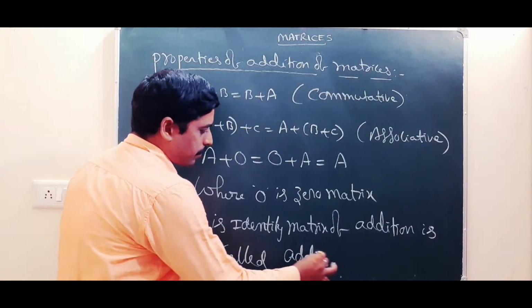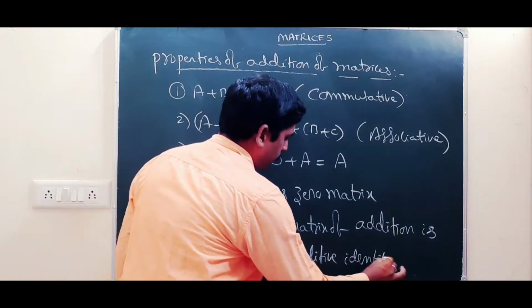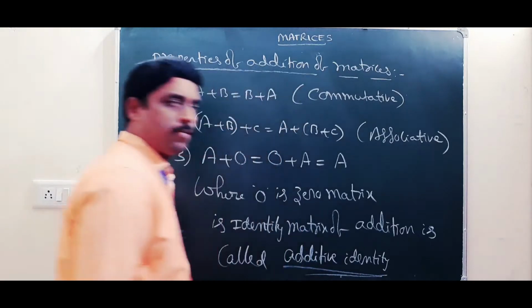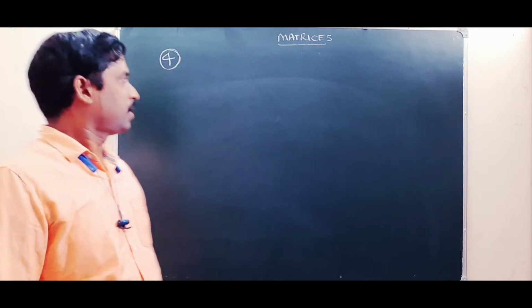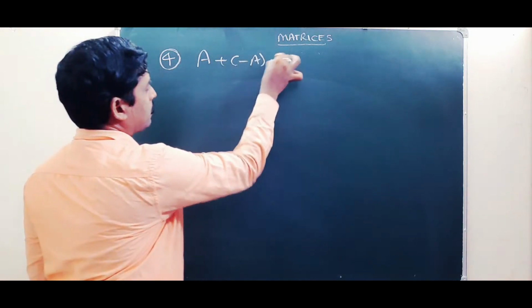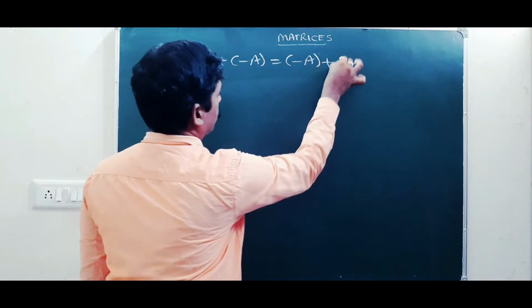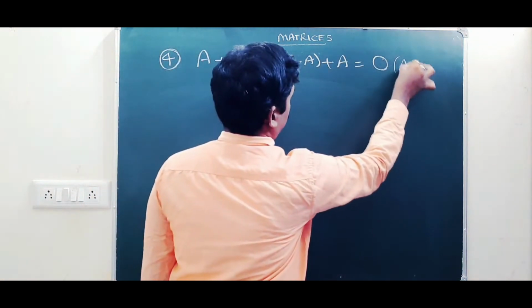So the zero matrix is called the additive identity. Now the fourth property: A plus minus A equals minus A plus A equals O, where O is the additive identity.